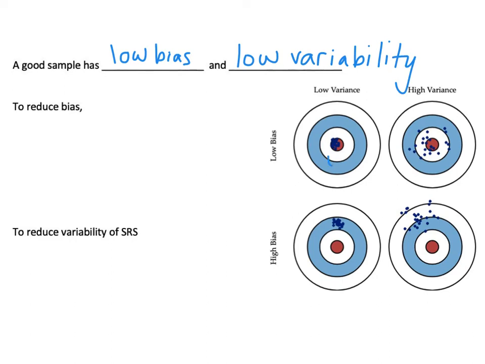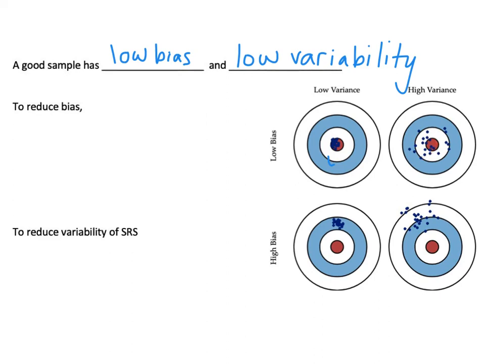So low variability would be like if you're shooting and they're clustered close together. So this is low variability, but it totally missed the mark. This one's just bad because it's real scattered, also called high variance, and it totally missed the mark. This one has high variability, but at least it's fairly close to the mark.